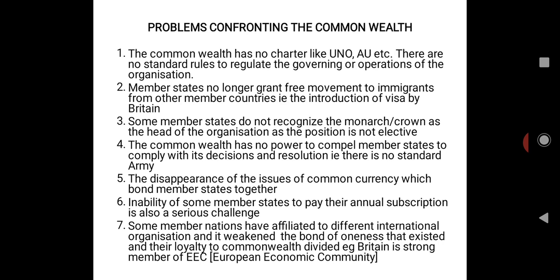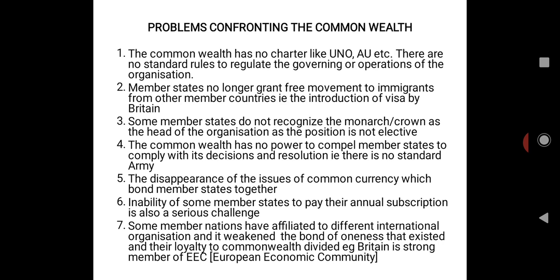Because there is no standard army, the Commonwealth has no power to compel member states to comply with its decisions and resolutions. It's a very big problem.